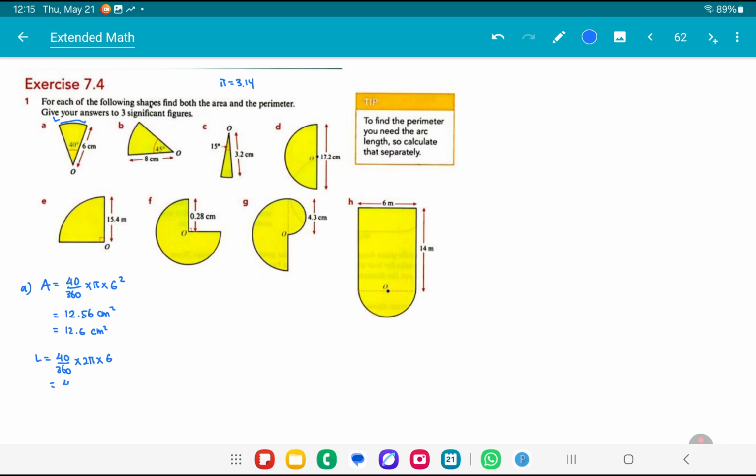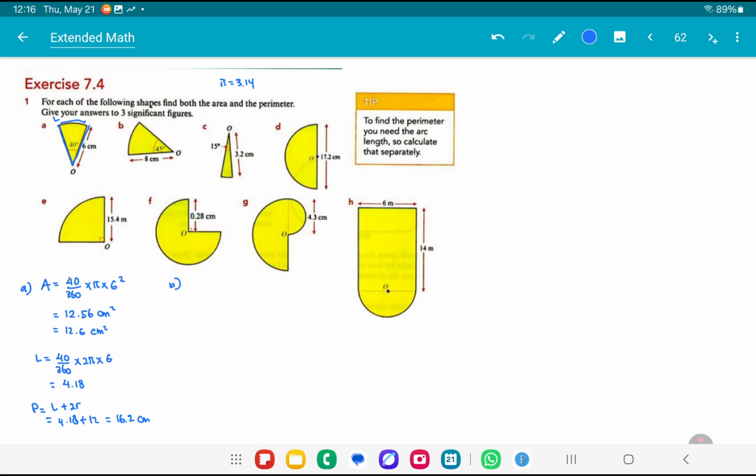We got the answer 4.18. So the perimeter equals the length of the arc plus radius and radius, so we say 2r. 4.18 plus 12, and the final answer is 16.2 as three significant figures. The unit is centimeter.